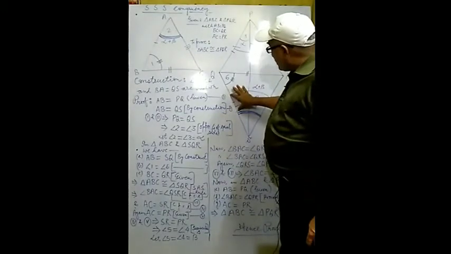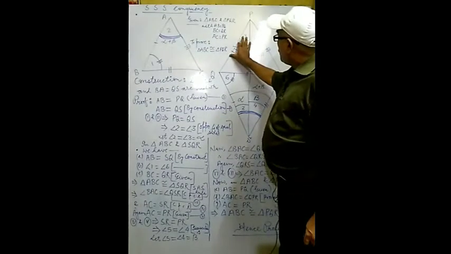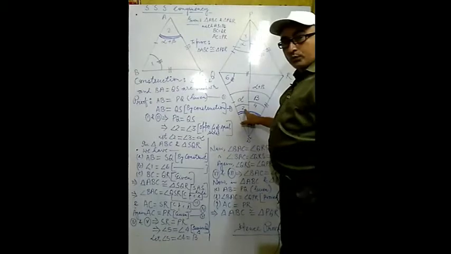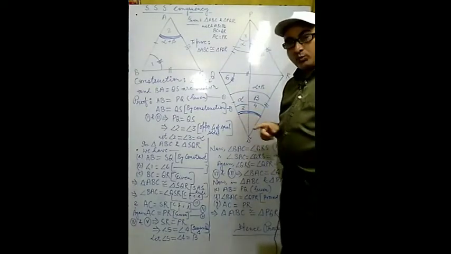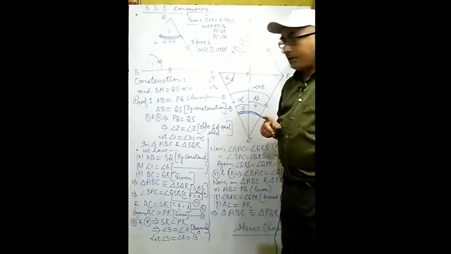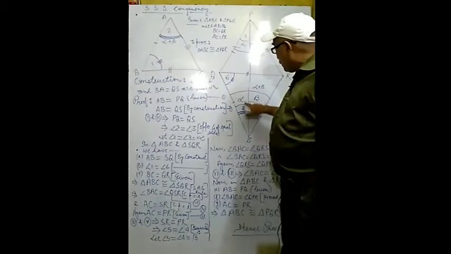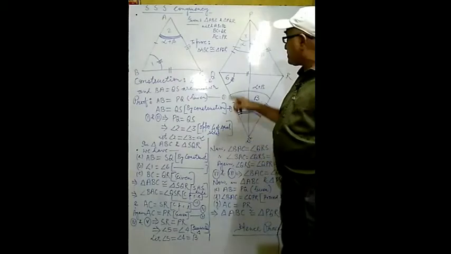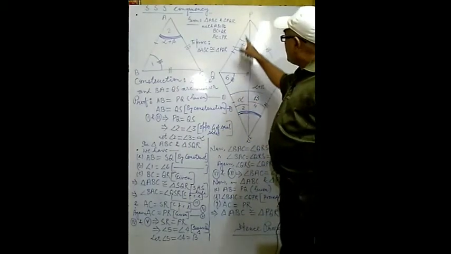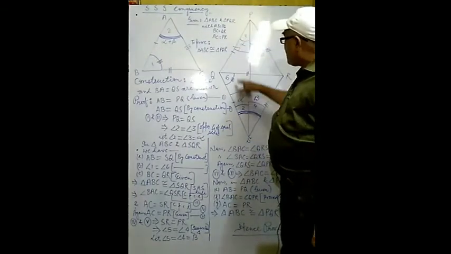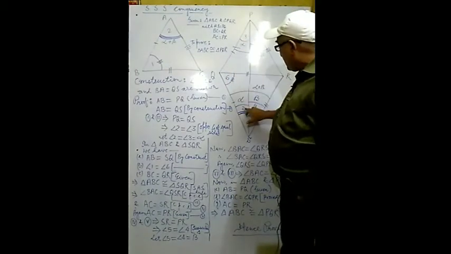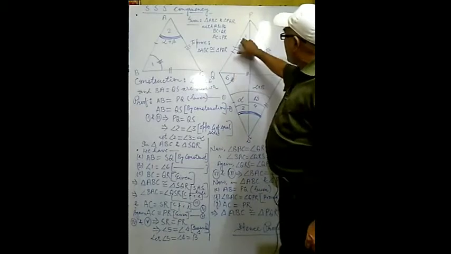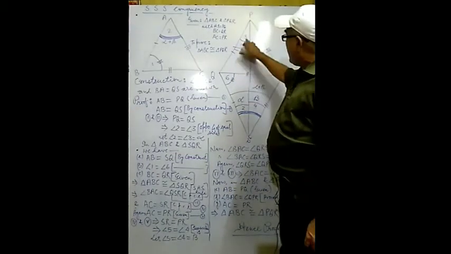Opposite to this side is angle 3, opposite to this side is angle 2. So angle 3 and angle 2 will also be equal, because these are the opposite angles of equal sides. Therefore angle 2 equals angle 3.